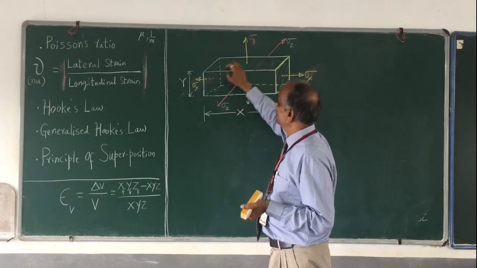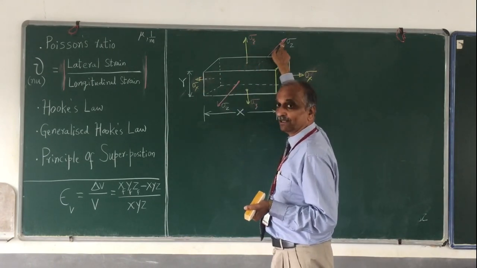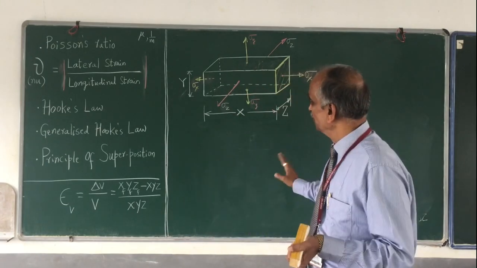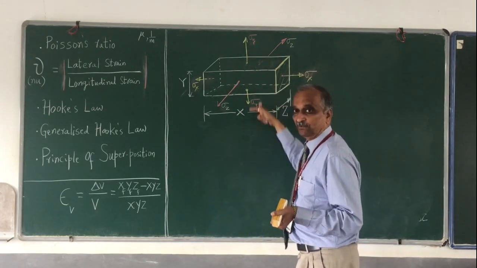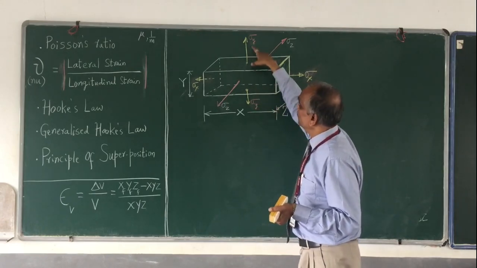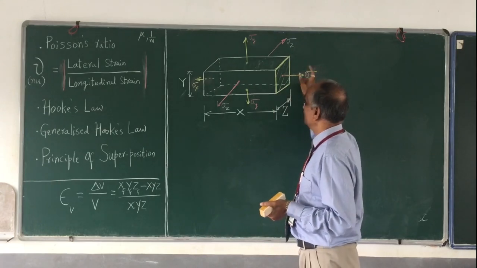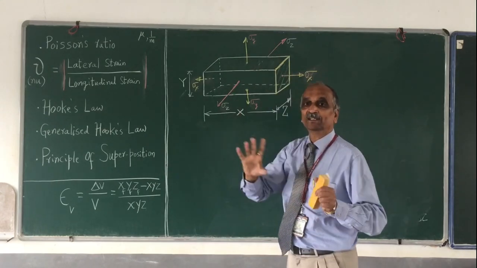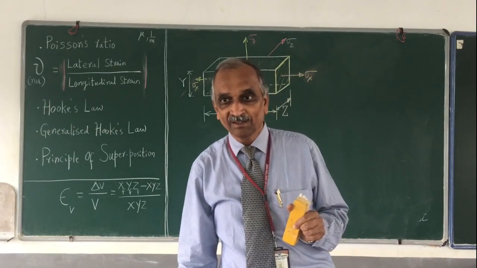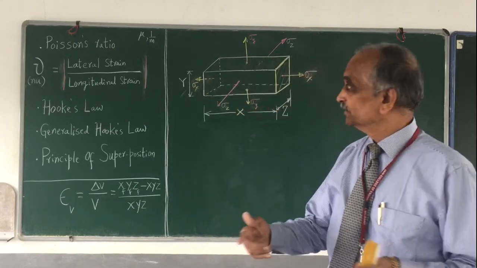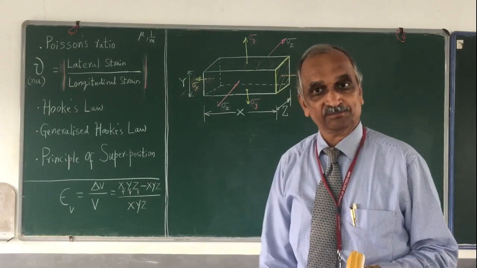The strain along the x-axis due to sigma z is again lateral. In the y direction, the strain due to sigma y is longitudinal, and the strain due to sigma x and sigma z is lateral. You can extend this argument to the strain in the z direction also.